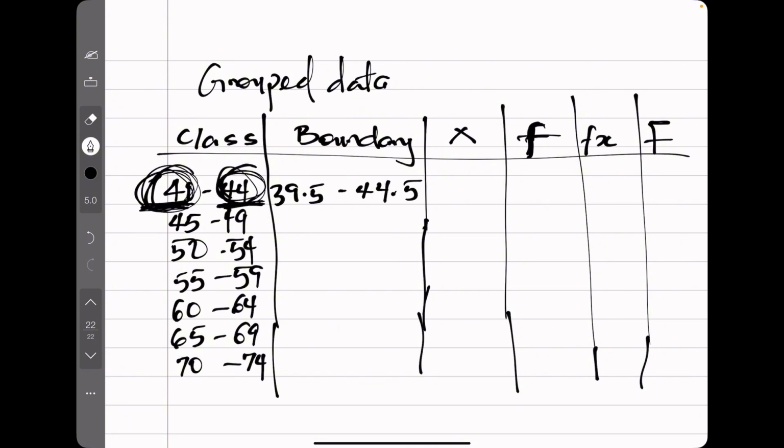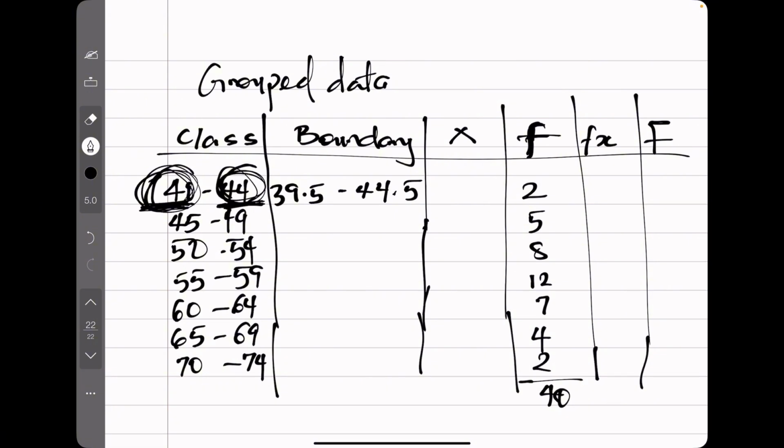Before we go further, it's important to note down the frequency given to us in the table. That is 5, 8, 12, 7, 4, 2. And the total frequency, if you calculate it, happens to be 40.